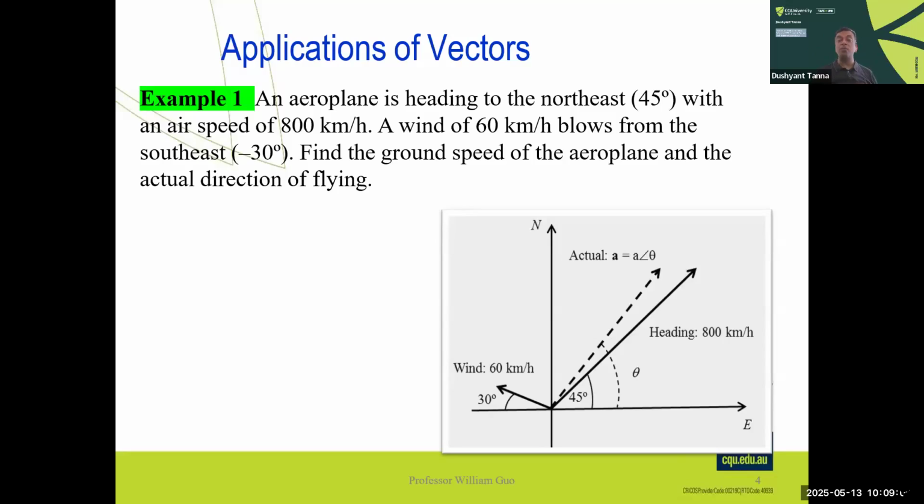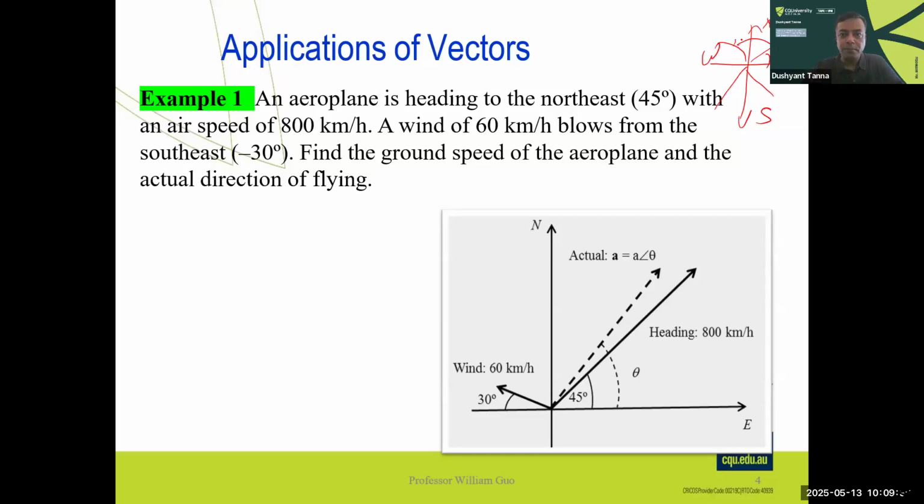Similarly, northwest is 135. These are standard angles that should be very clear and familiar to us. We know that's the north, that's the east, west and south, and anything in between is known. This is 45, this is 135, and we keep going. So if they are standard directions, you may not be provided with the angle that it makes with the x-axis.